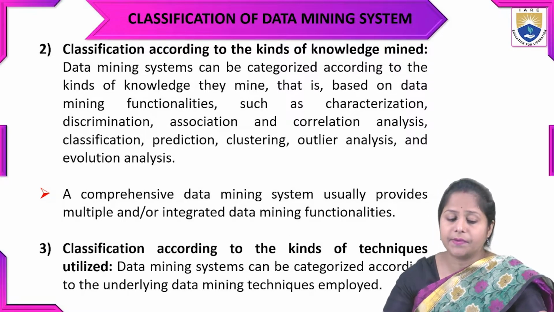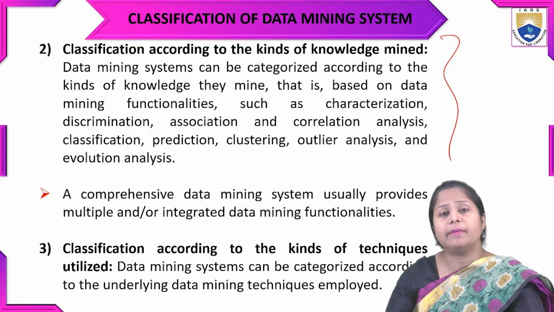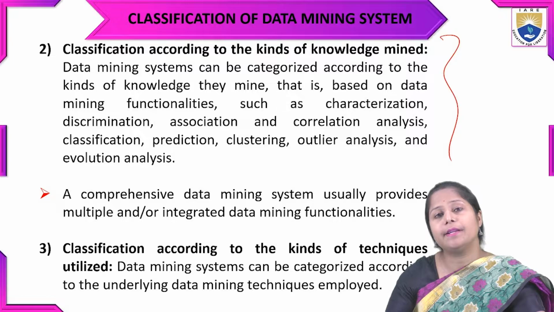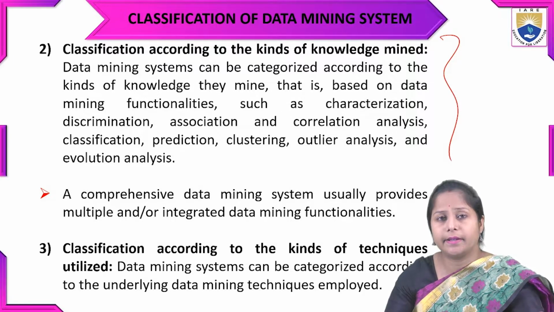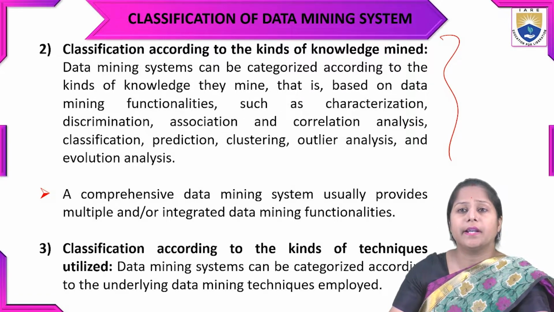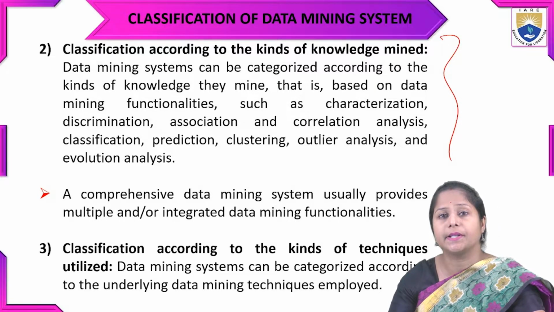Next is the classification according to the kind of knowledge mined. The data mining system can be categorized on the basis of data mining functionality. What is data mining functionality? Classification, discrimination, characterization, association, correlation, prediction, clustering, outlier analysis, and evolution analysis. On the basis of these, the kind of knowledge will be represented.